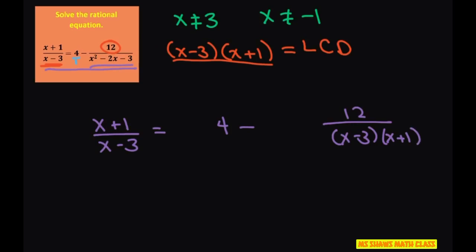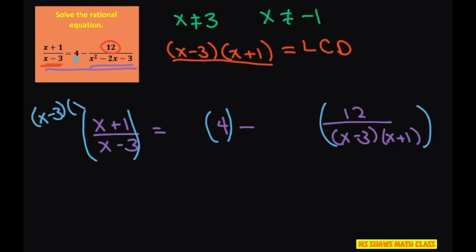All right, and to clear the fractions, we're going to multiply each of our terms by our least common denominator, which is x minus 3 times x plus 1. You do it here, x minus 3 times x plus 1. Here, x minus 3 times x plus 1. That's why I was kind of leaving some space there.